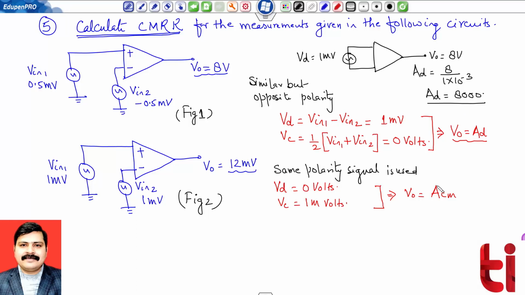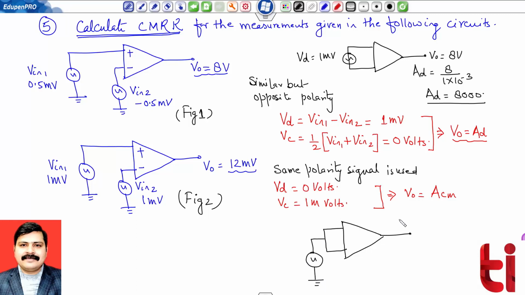And the value of common mode signal is over here. So it was 12 millivolt output we have received over here. So now I am drawing the circuit of this also, so that one can easily understand the output. So both inputs are short circuited, and a common signal is given.